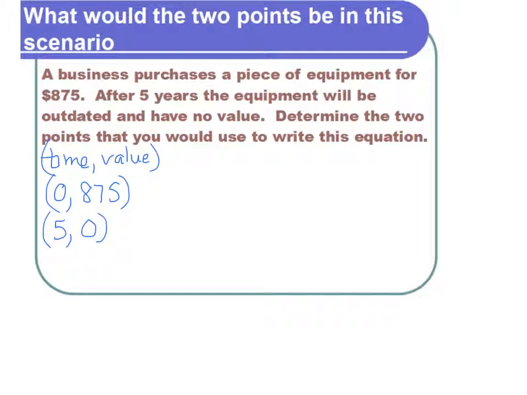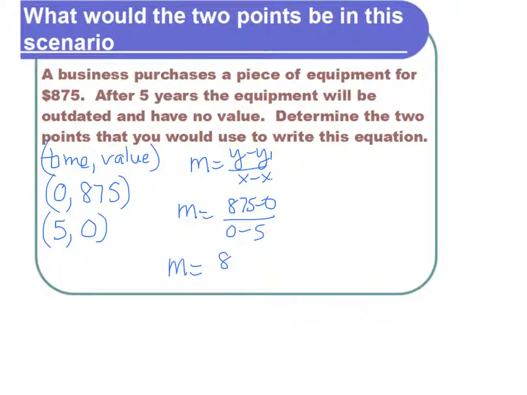So we did this last time. You had 2 points. First thing you're going to do is find your slope. So remember that that's y minus y over x minus x. So the slope would be, I'll do 875 minus 0 over 0 minus 5.